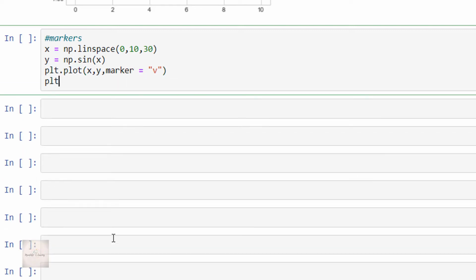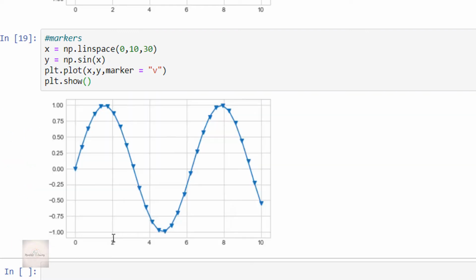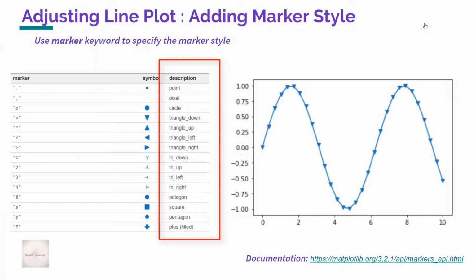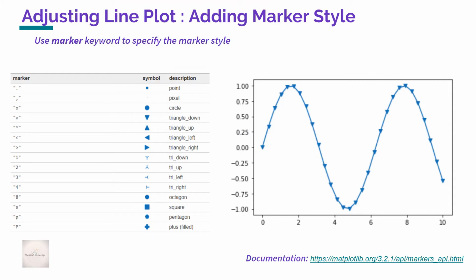Then plt.show, and let me execute this code cell. See, in the output we can observe the marker style has been updated to lower triangle. In the same way, we have many other styles like point, circle, triangle up, triangle left, triangle down, square, pentagon, and so on. See here, these are some of the codes for the different marker styles, and we have got many marker styles.